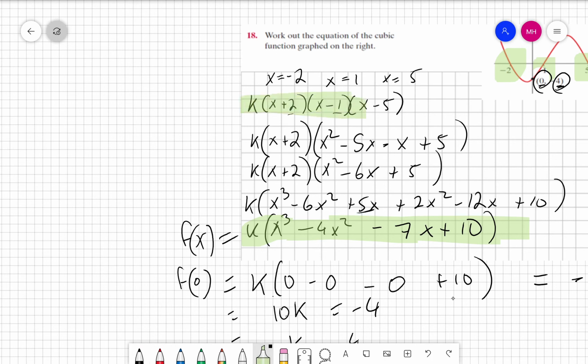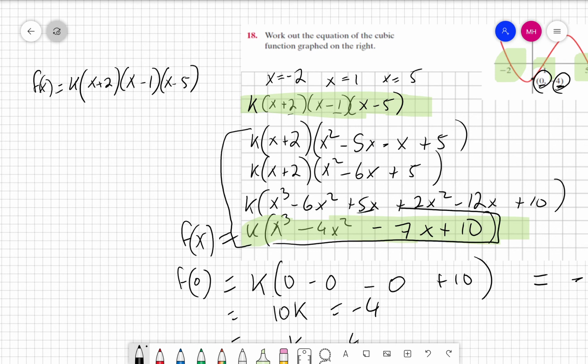So if you were to solve this question quicker, you could just have started off with f of x is equal to k into x plus 2 by x minus 1 by x minus 5. And instead of multiplying it all out like I've done here, I just wanted to show this to people where we were going with it.